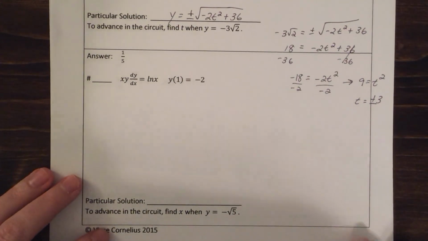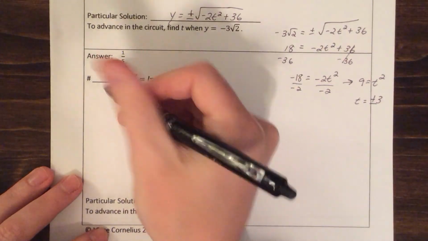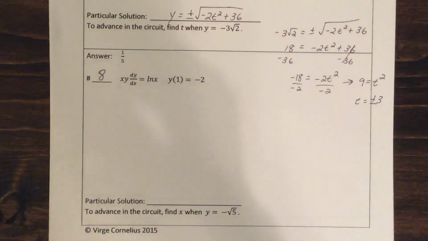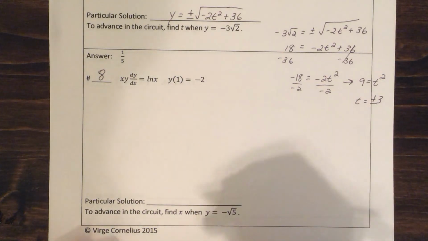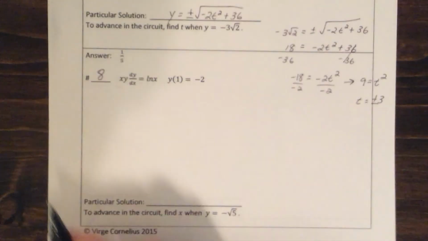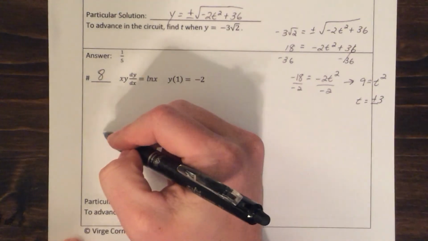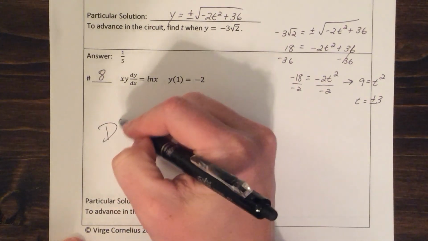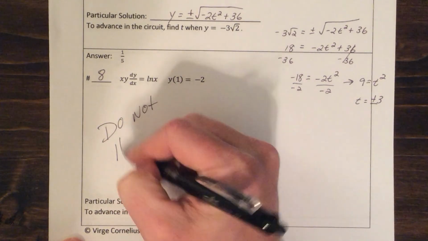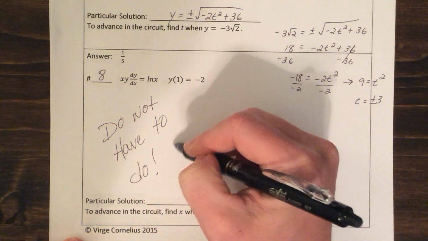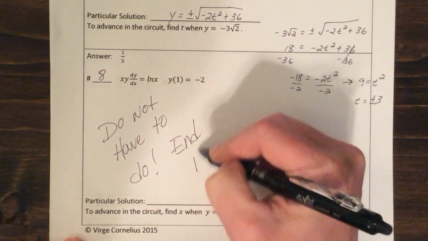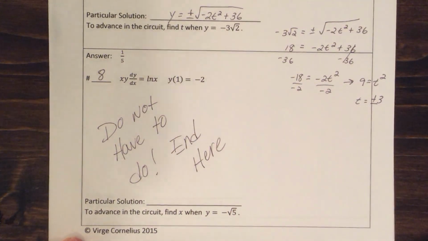So this one right here, 1/5, this is going to end up being number 8 for you. And you do not have to do this problem. And that should be where you end.